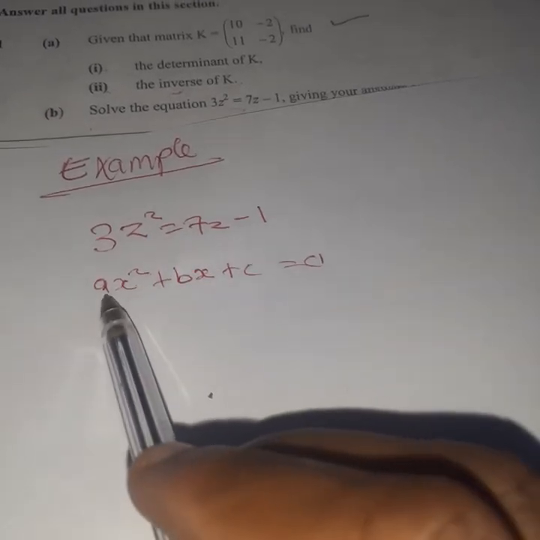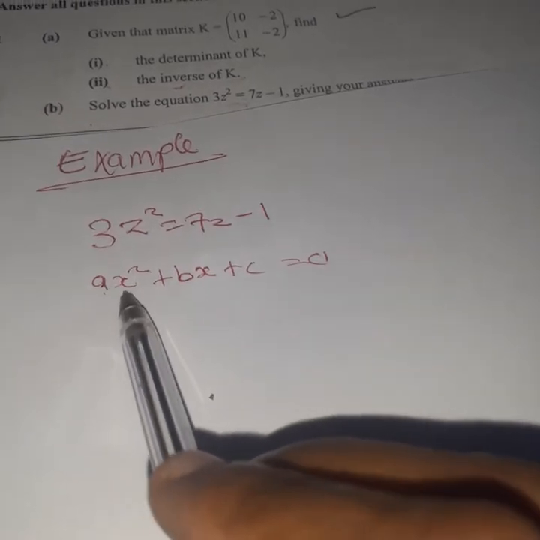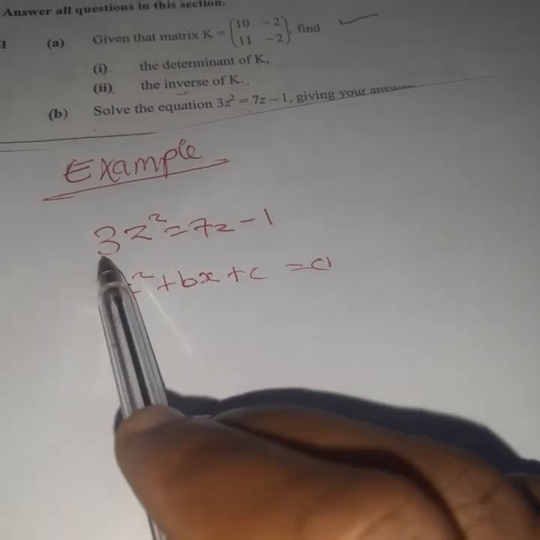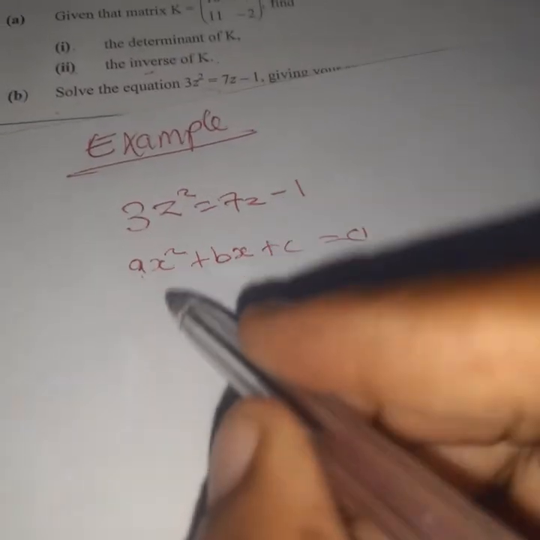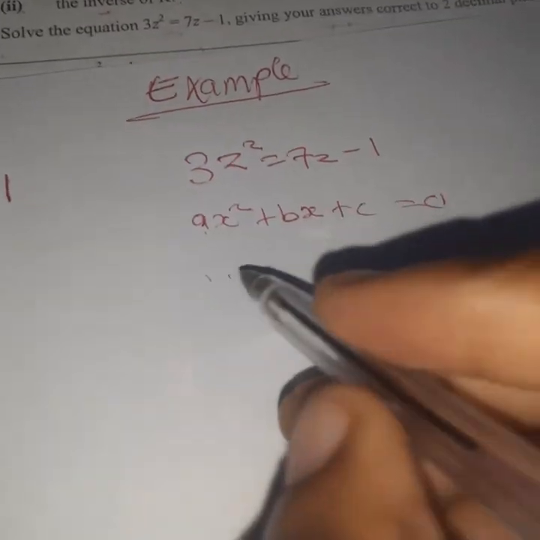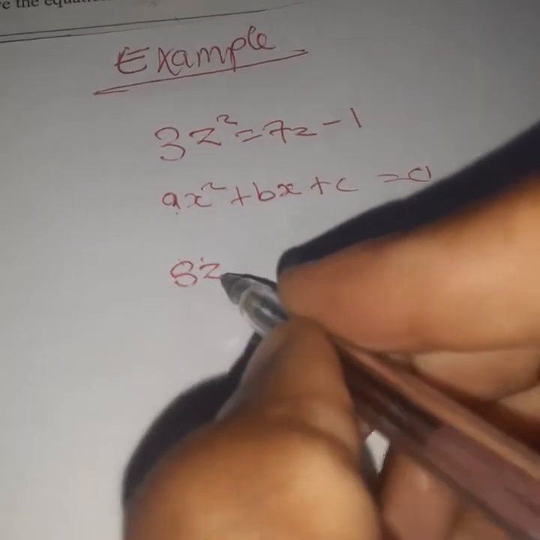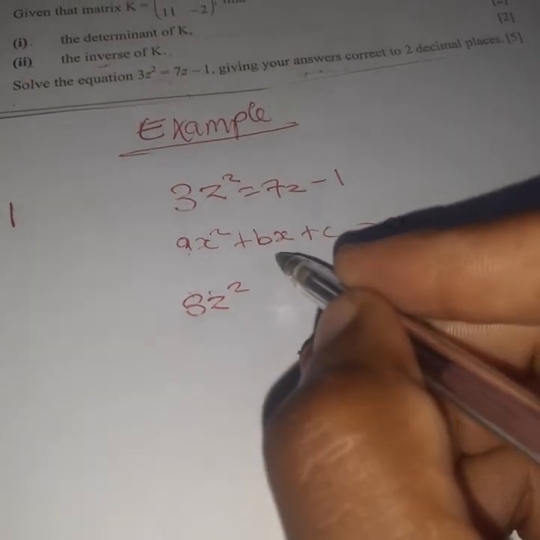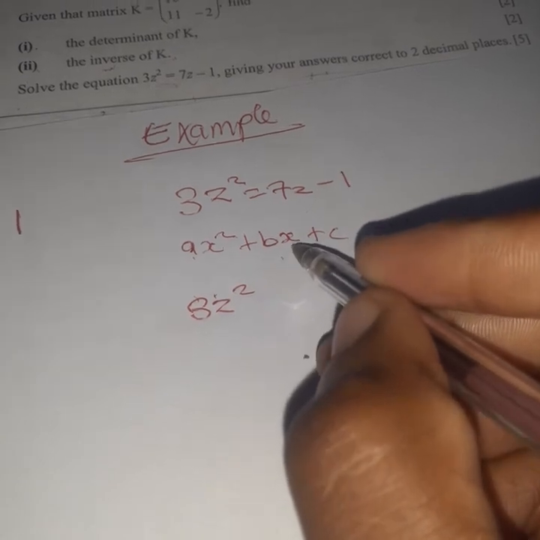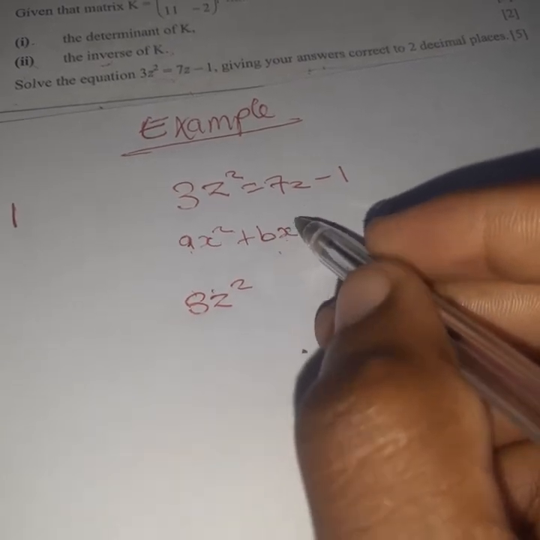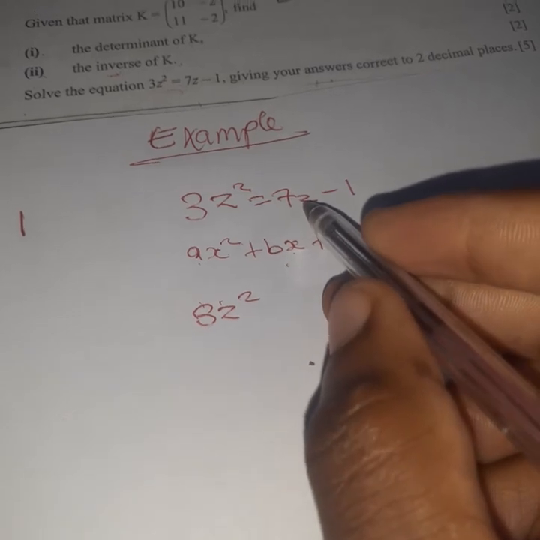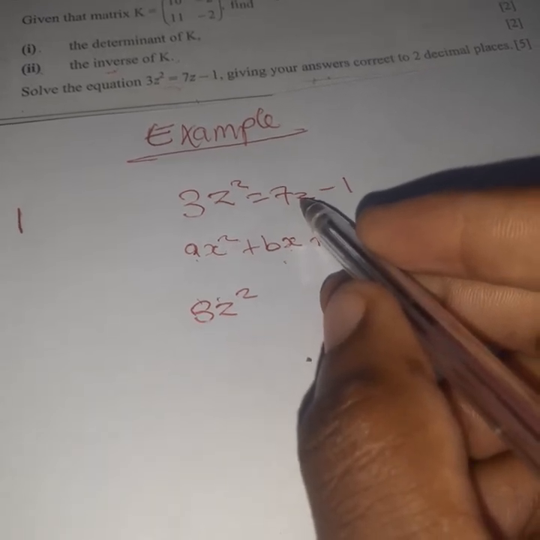The a represents the number with the variable with a power of 2. In this case it is 3z squared. Then b represents the number with a variable that has no power. In this case that is the 7z.